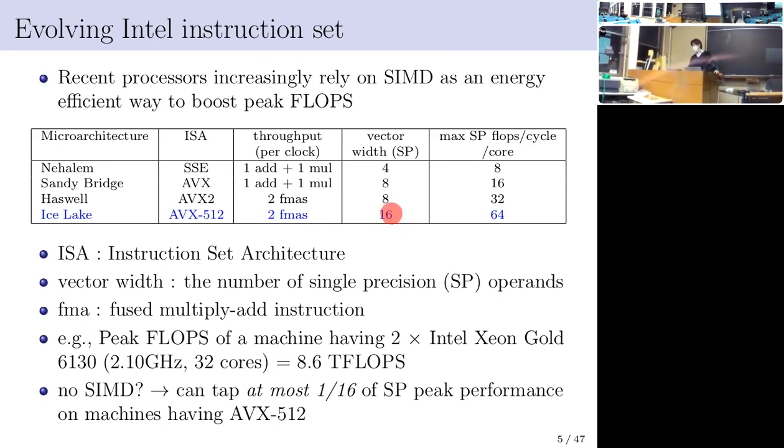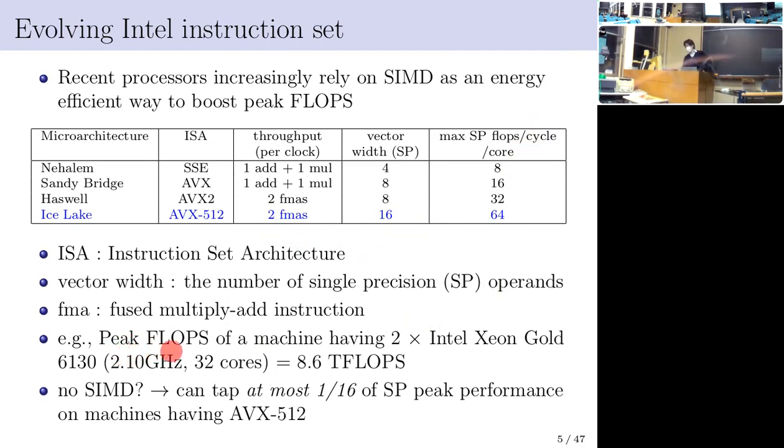And each cycle, a single core is able to execute 2 FMAs. So you get 32 multiplied by 2, which is 64 flops per cycle per core.